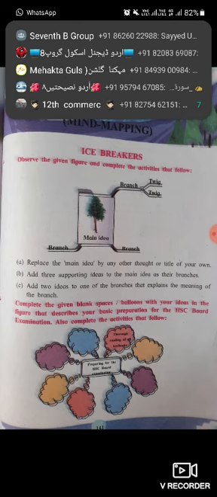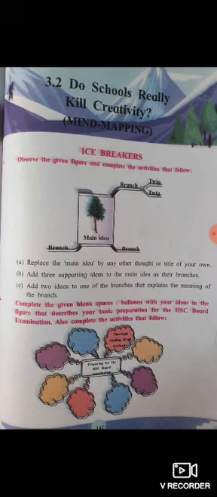The idea is preparing for the HSC board examination, and one balloon is filled with thorough reading of all textbooks. And in the other remaining blank balloons you have to fill the related branches or related sub ideas of the main idea, that is preparing for the HSC board examination.